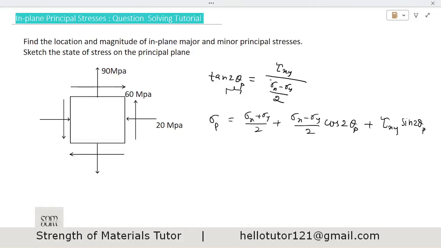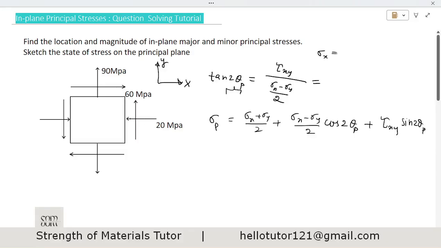Let us first find the location of the principal planes. If we consider this side as positive y-axis and this side as positive x-axis, then from the figure we can understand the value of sigma x.